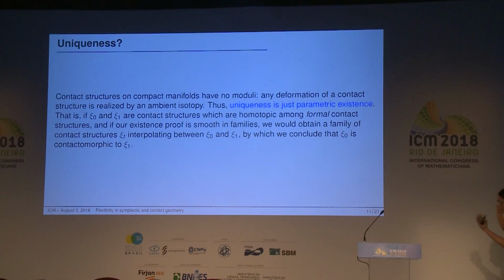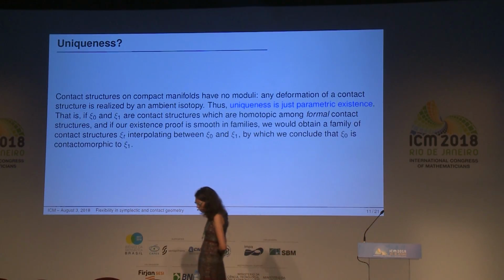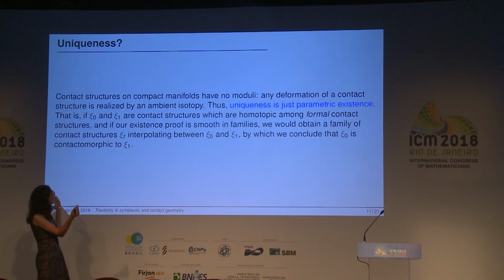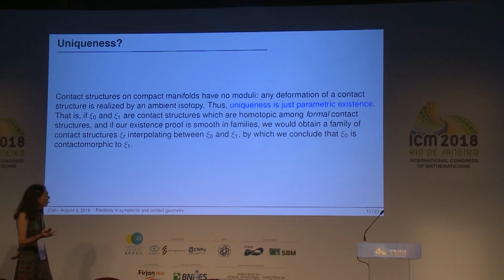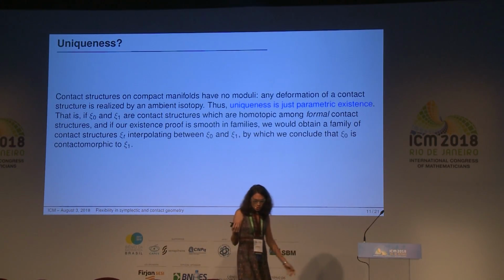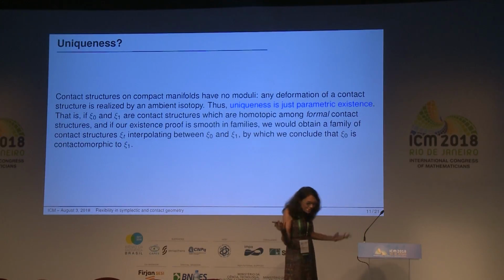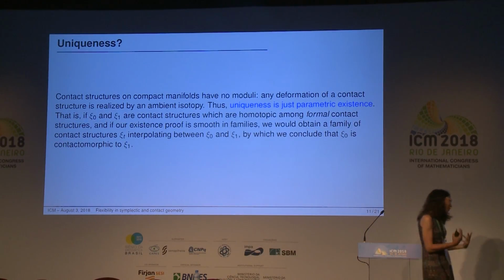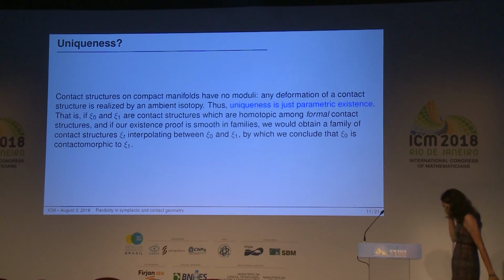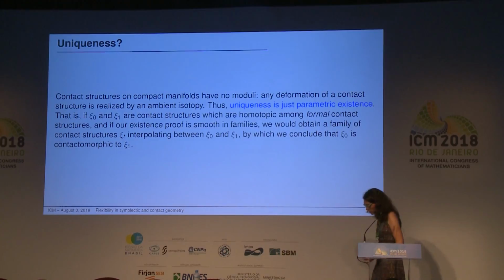So this is a nice property of these more topological geometries. And because we have this proof of existence, if this proof was canonical enough that it would work smoothly in families, then this would also give a proof of uniqueness.